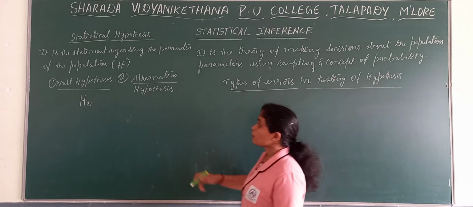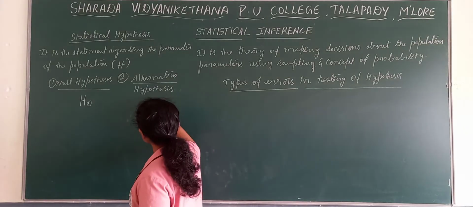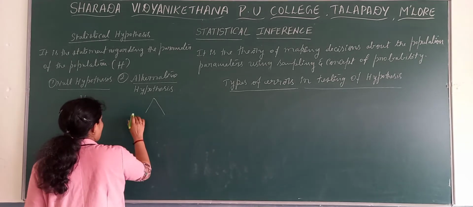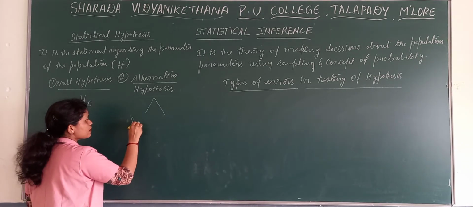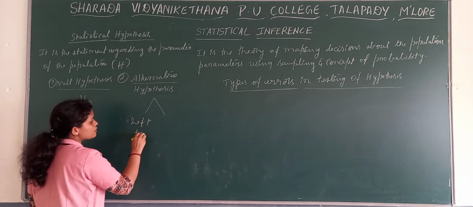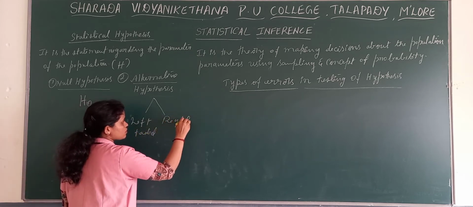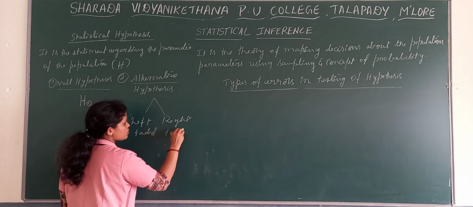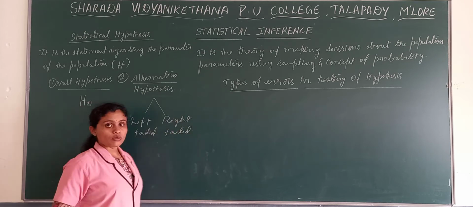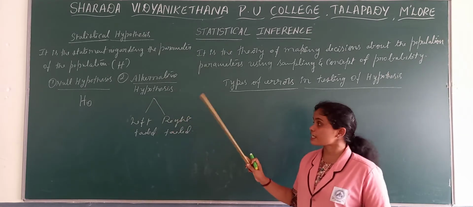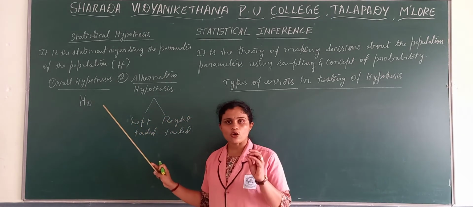There are two kinds of alternative hypothesis, left tail and right tail.